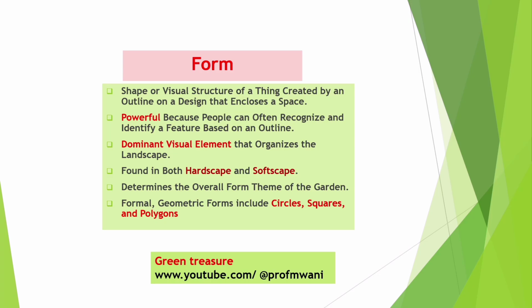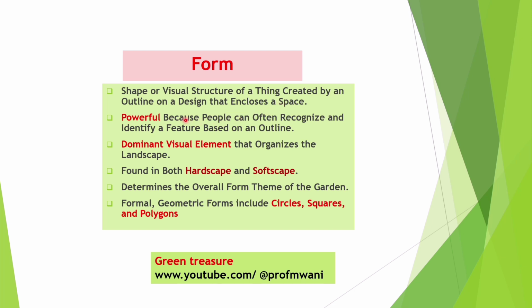After the line there is form. A form is a shape or a visual structure of a thing created by an outline on a design that encloses a space. So form is an outline, and it is in the form of a visual structure.